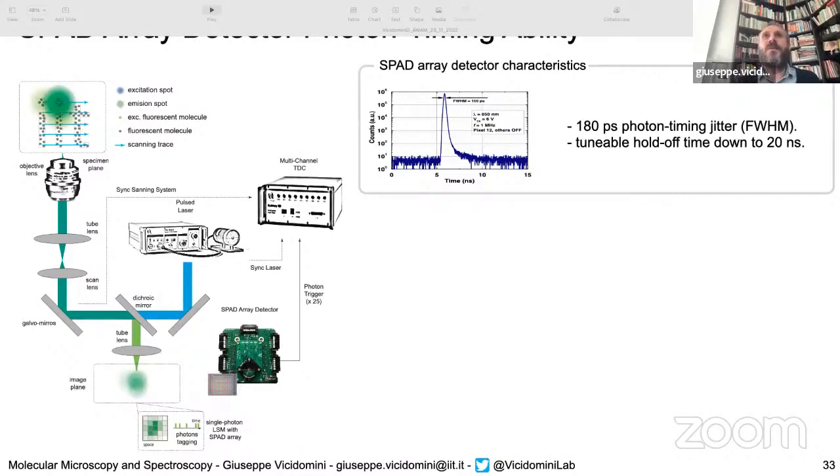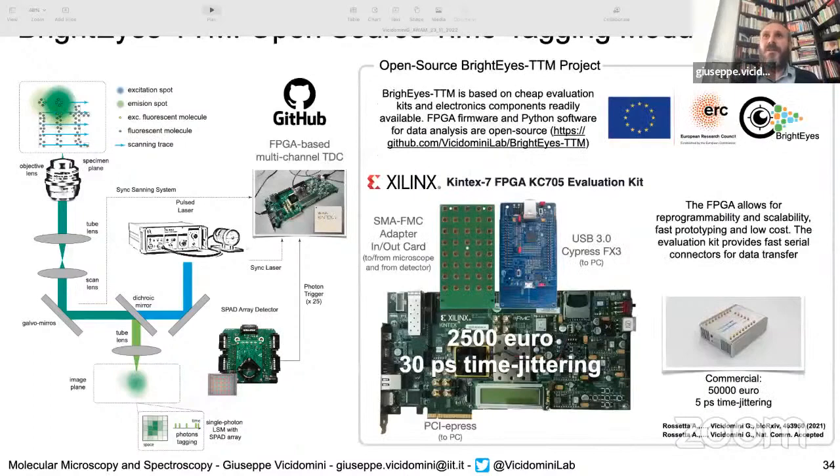In this case, we change the laser of our microscope and introduce a pulsed laser into the system, and we make a time-correlated single photon counting measurement with all the 25 elements of the SPAD array. The only limitation we had in succeeding with this project was that when we started, it was not economically affordable to have a card able to collect simultaneously 25, and in the new version 49, channels from our detector array.